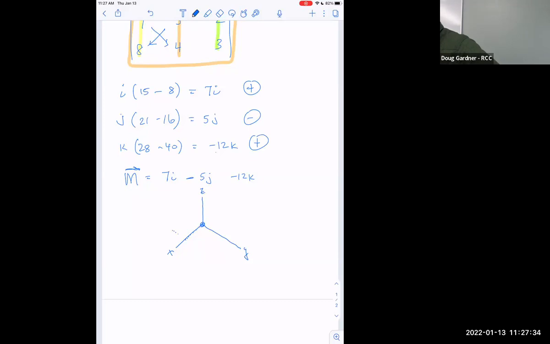Notice I went less. If this is 7, then maybe that would be 5. And then I go 12. What direction? Down. So that'd be quite a ways down, maybe about there. Would you agree that's vector m right there?